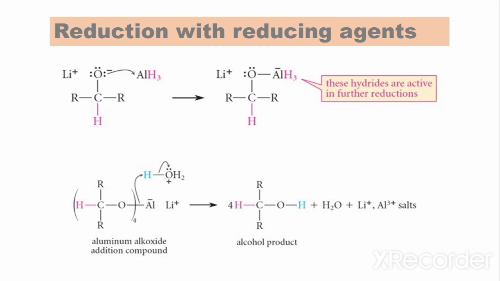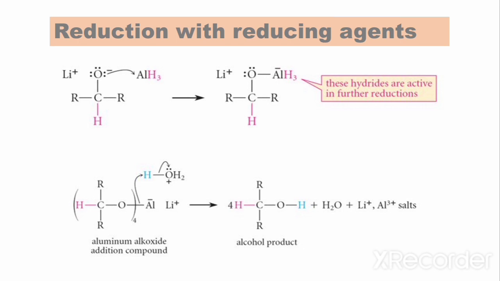So in this compound, the carbon and oxygen have a single bond and oxygen has a negative charge, so aluminium hydride will attach to the oxygen and form a bond. These hydrides are active in further reductions, and then this compound will be rearranged and form an aluminium alkoxide addition compound.